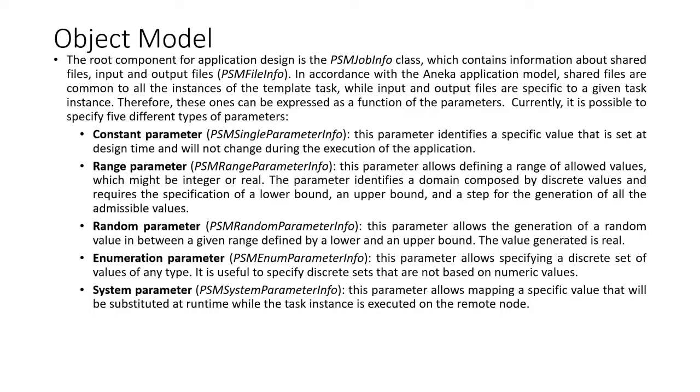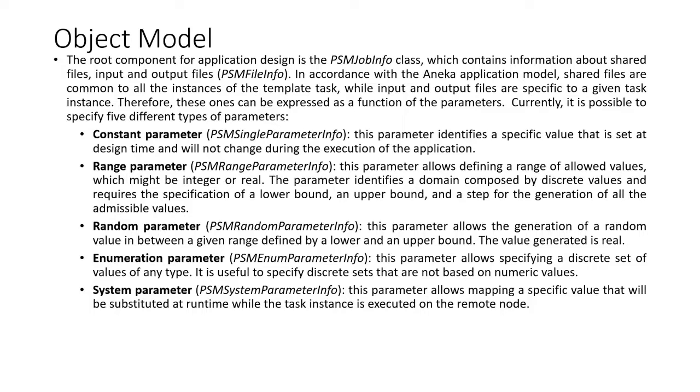Shared files are common to all the instances of the template task, while input and output files are specific to given task instances. Therefore, these ones can be expressed as a function of parameters.